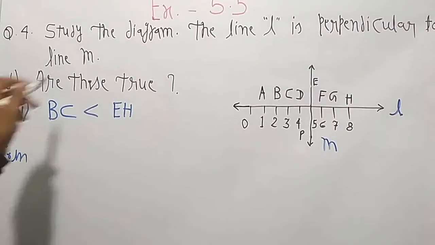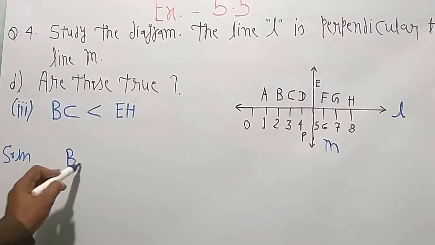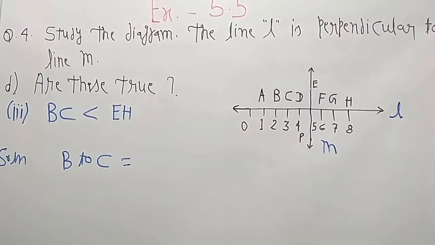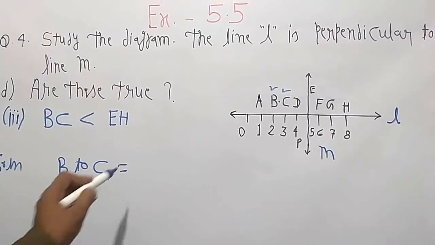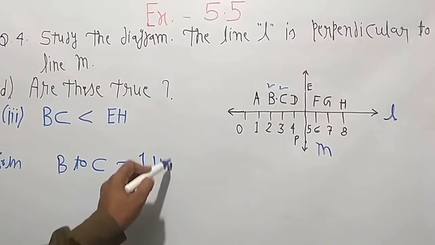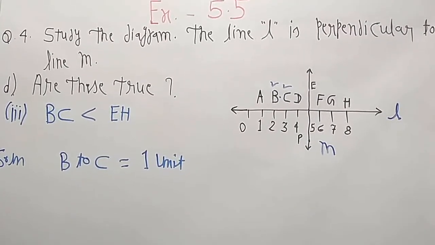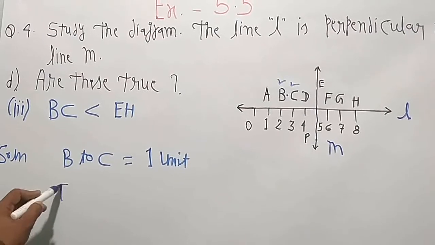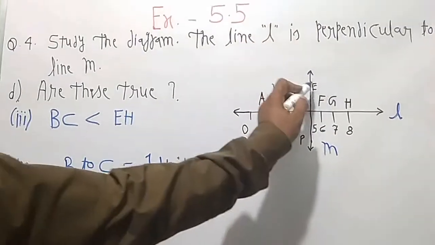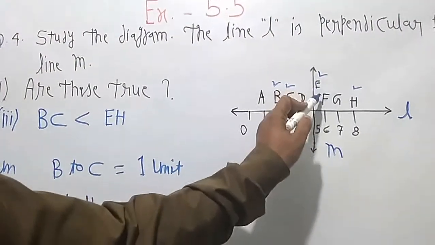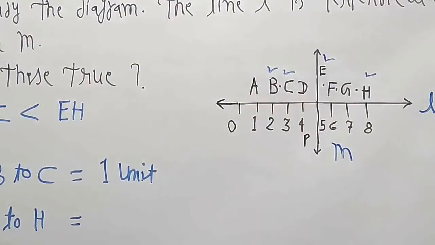Next, is this true? BC is less than EH. So in the solution we can write B to C. How many units are there? This is B, this is C. Only 1 unit is there. So in between B to C there is 1 unit. And in between EH, this is our E and this is our H. E to F 1 unit, F to G 1 more unit, G to H 1 more unit. 1, 2 and 3 units are there.